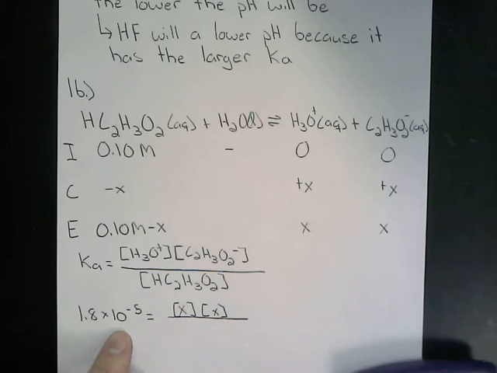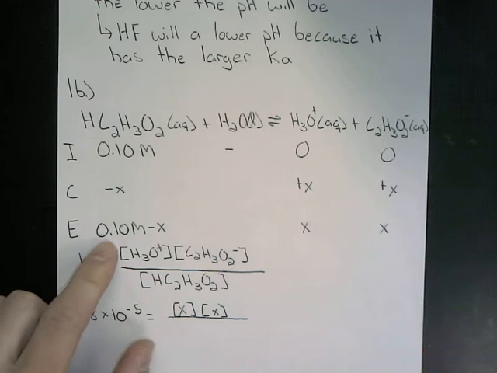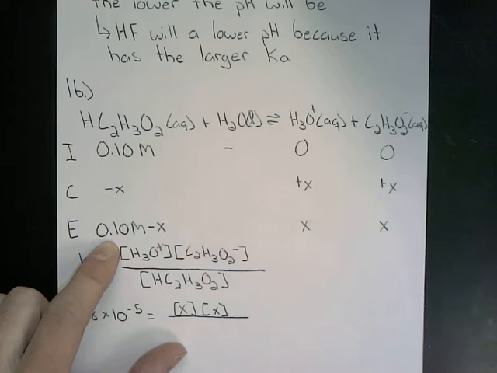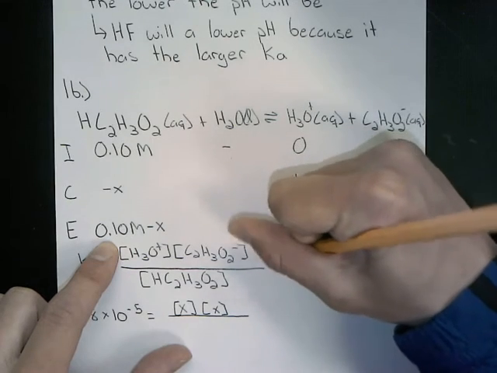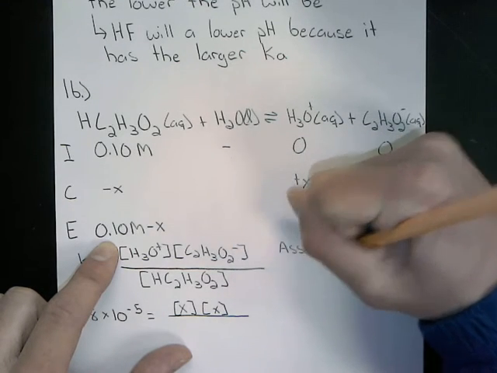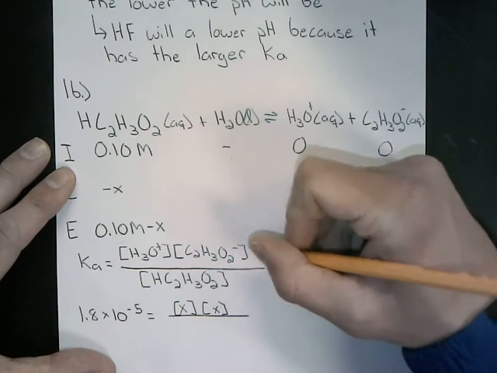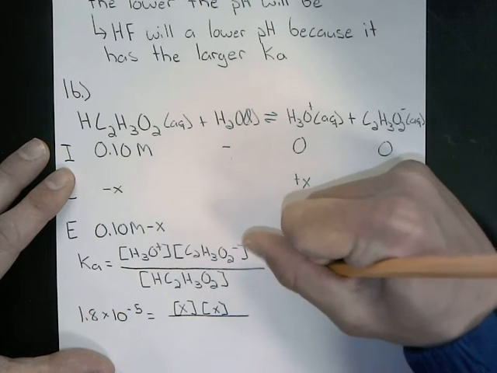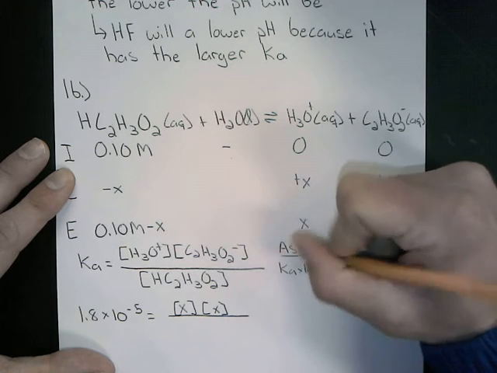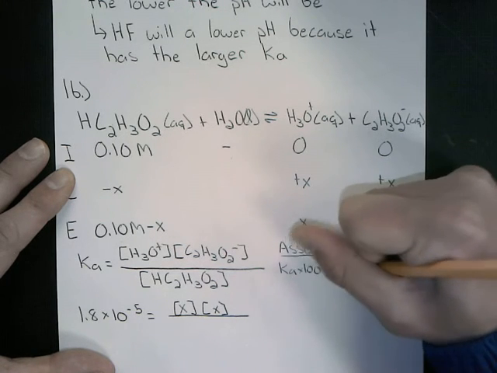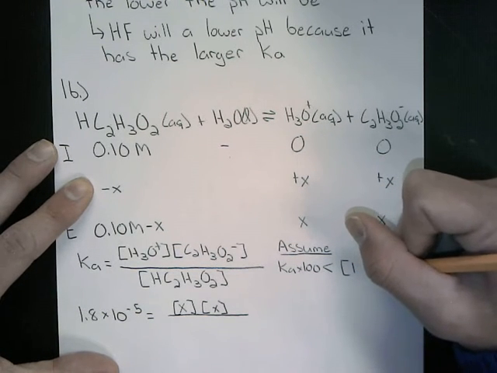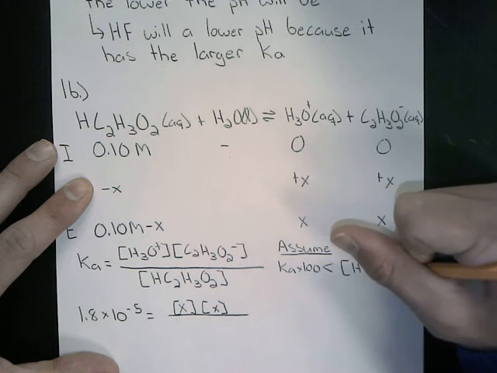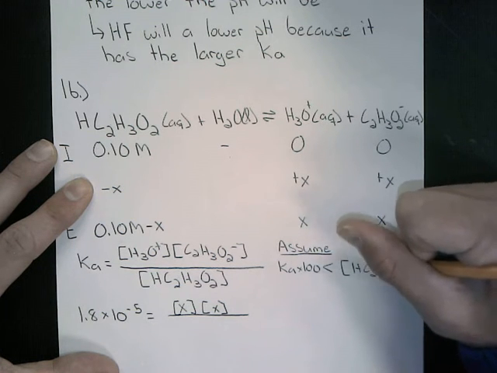If our Ka times 100 is less than our initial concentration of our weak acid, we can assume that 0.1 minus X doesn't need that minus X. So again, let me write this assumption so that we remember: if we take our Ka times 100 and it's less than our concentration of acetic acid, then 0.1 minus X is such a small difference that we can just use our value here.